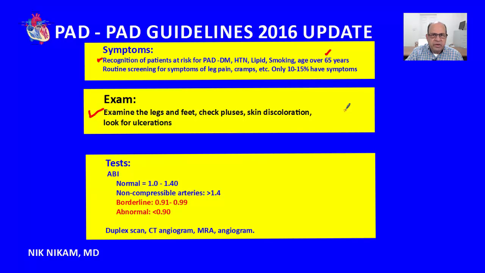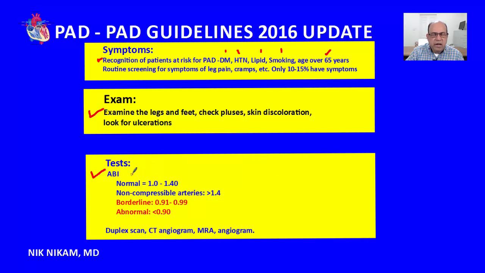After the examination, if there is evidence for decreased circulation, the simplest test we can do in the office is the ankle brachial index, and this should be routinely done in patients who are high risk, such as those who have diabetes, hypertension, hyperlipidemia, history of smoking, age over 65, and those who have history of a coronary artery disease.